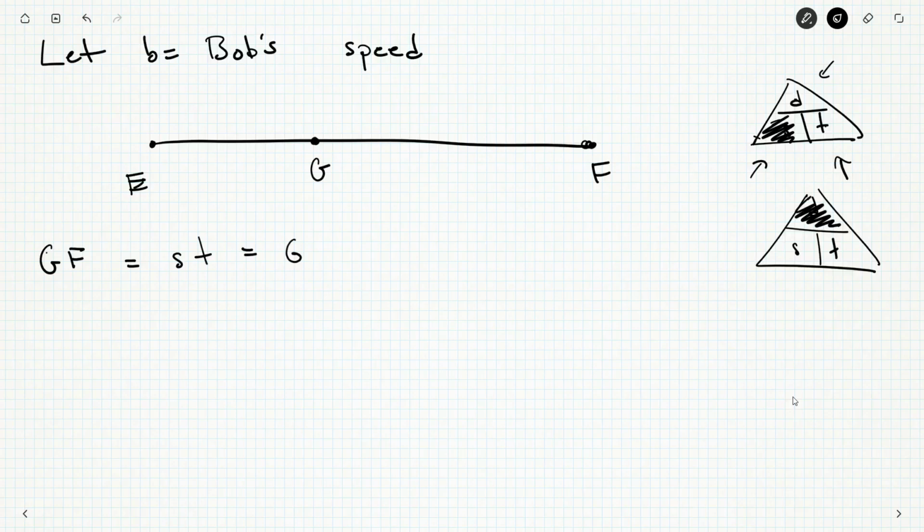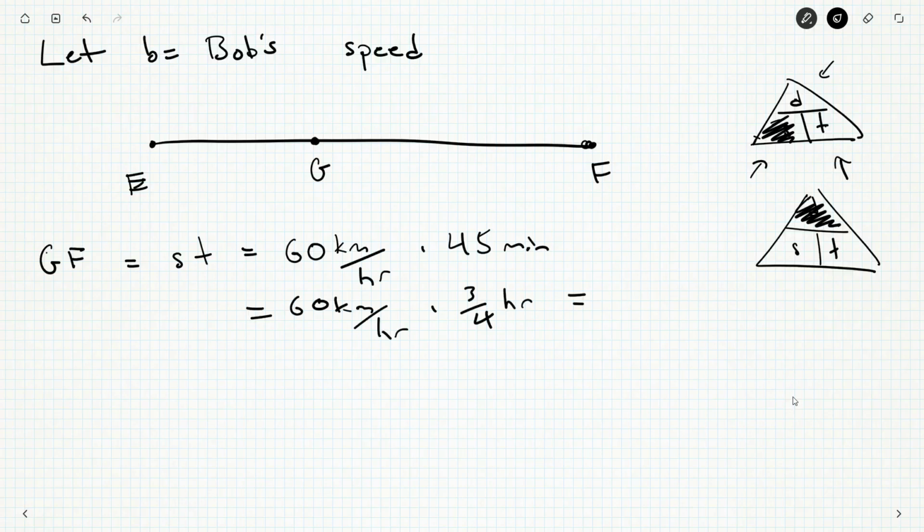So I know that this is Alice's speed times the time it takes her, and we know that that's 45 minutes. I'm going to turn this into 3/4 of an hour. 60 over 4 is 15, times 3 is 45, so we'll get 45 kilometers.